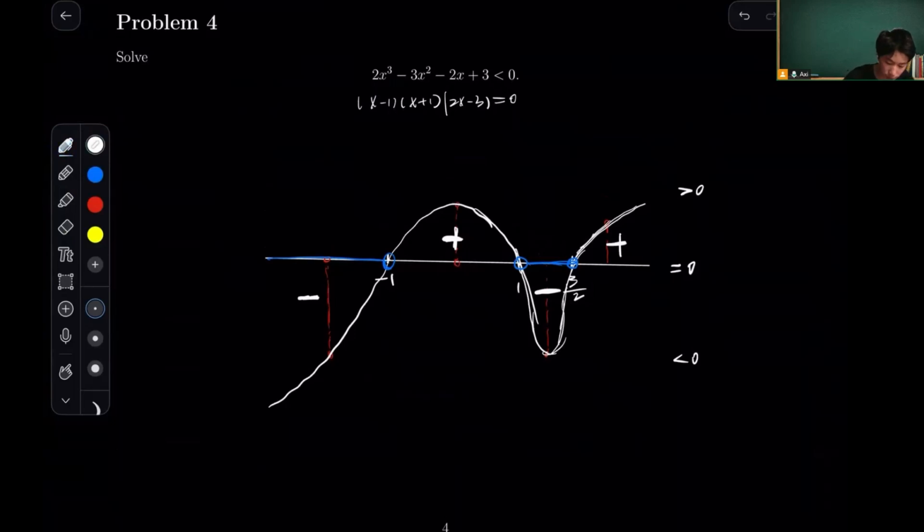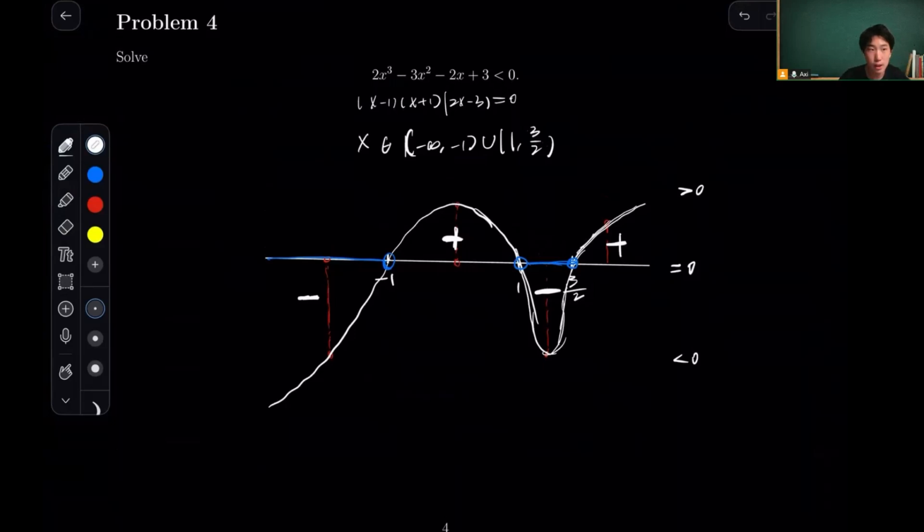So for example, in this case, the way I would write the solution in a very standard way would be x belongs to the interval negative infinity to negative 1 combined with 1 to 3 halves, not inclusive. This is the solution. You can check out what this means after this video, okay?